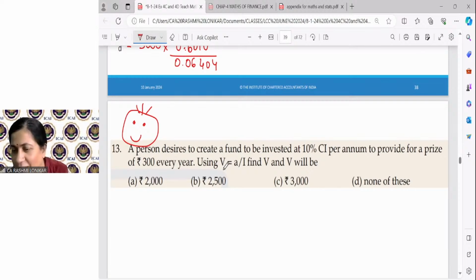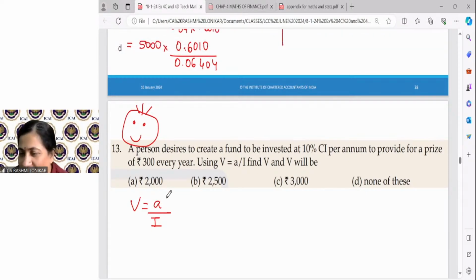What are they saying? They're saying use V is equal to A upon I. So, a person desires to create a fund to be invested at 10% per annum to provide for a prize of 300 rupees every year. Means what? How much interest should I earn?